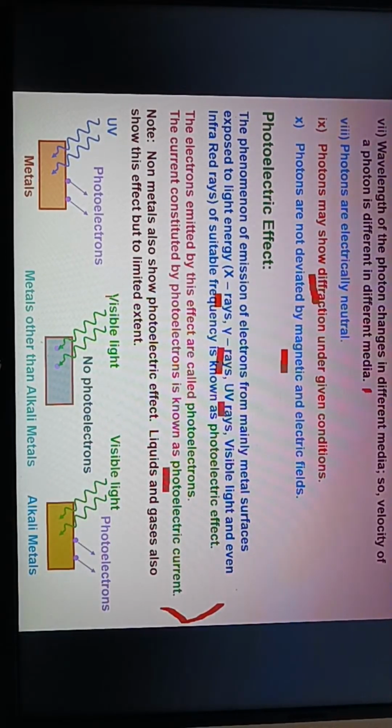Okay, next. This one you have already drawn. This commutator, what is happening? Reversing the current. If you want a negative terminal, you have to reverse using the commutator. This is an evacuated glass tube.